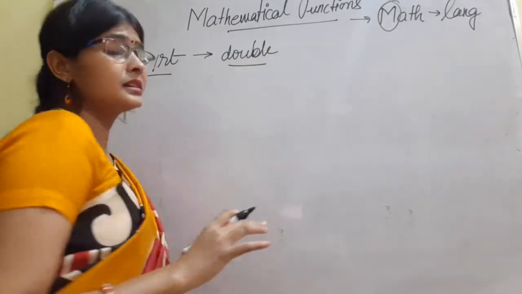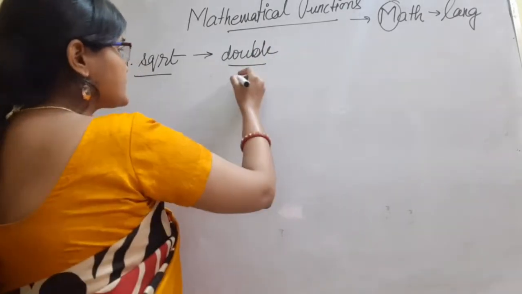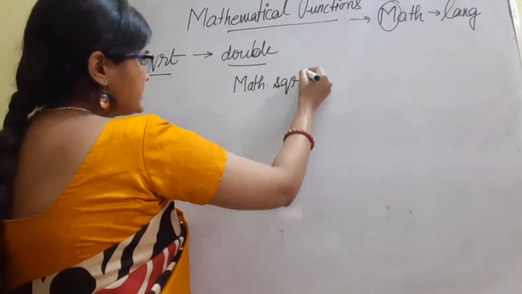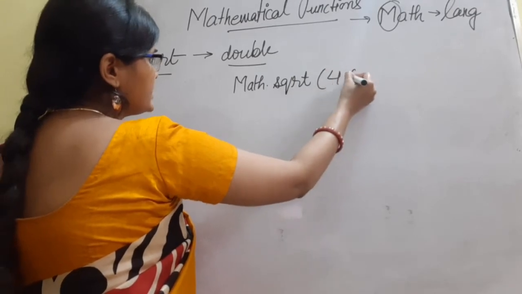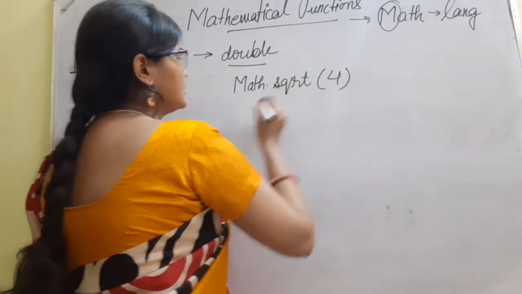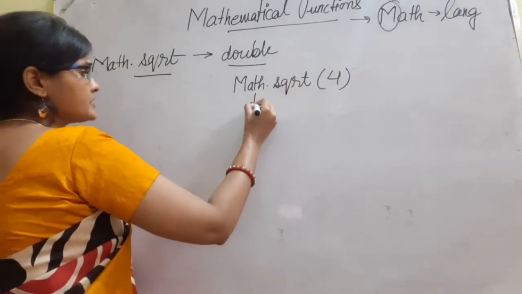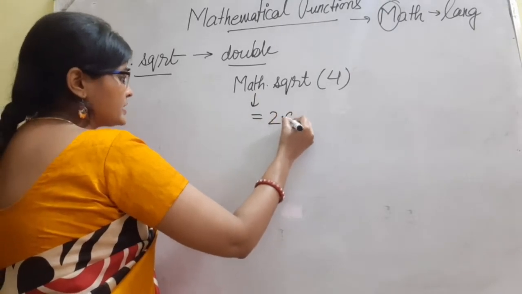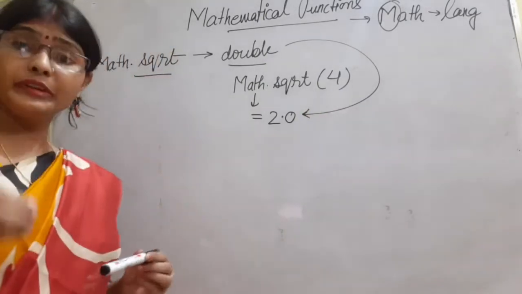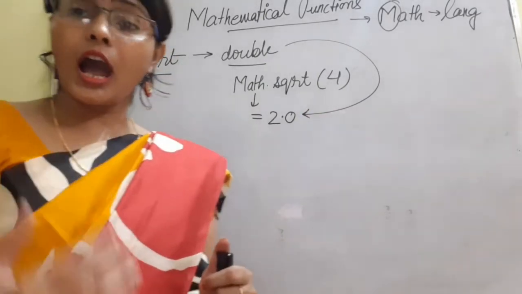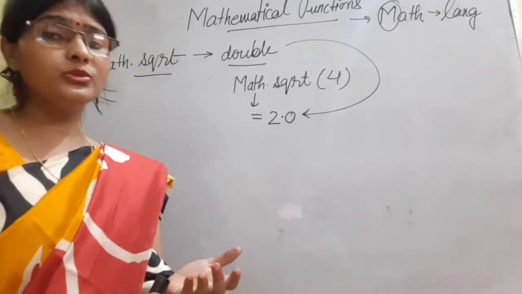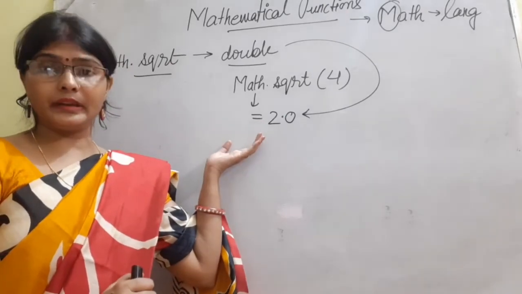Okay, the return type is double, and the syntax is Math.sqrt(4.0). If it is 4, this function will give the result 2.0, because the return type is double. Return type means which kind of value will be returned after the execution of the function. Clear? So which type of value is returned here? It is double. Clear?